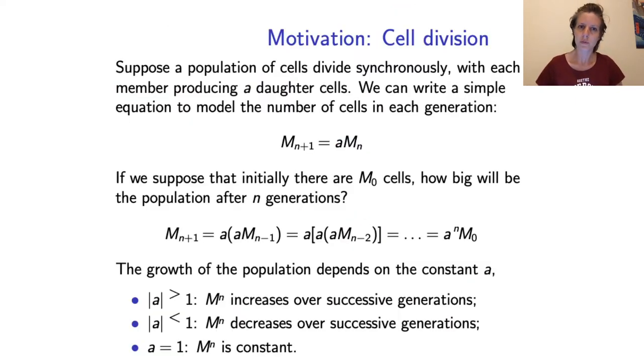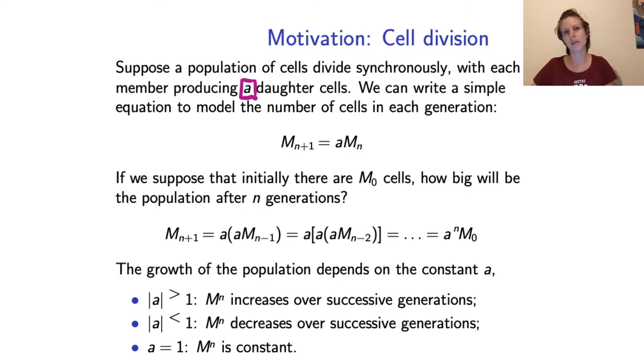So, as I said, suppose that a population of cells divide synchronously, which means that they all divide at the same time, and each one of them produces a daughter cell. So A here, in our previous example, was equal to 2, so each cell produces A daughter cells.